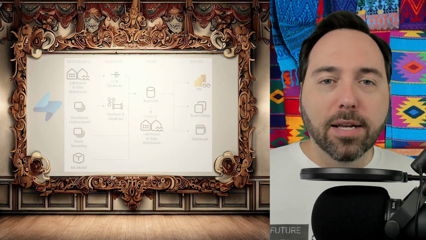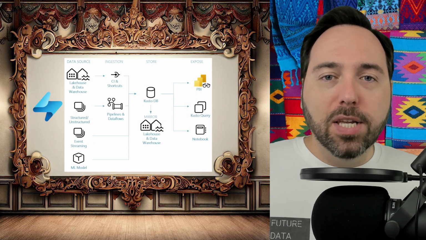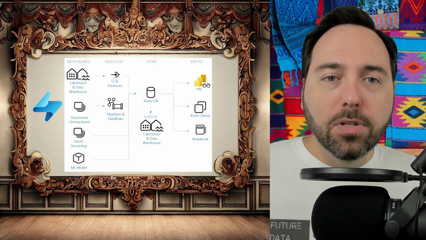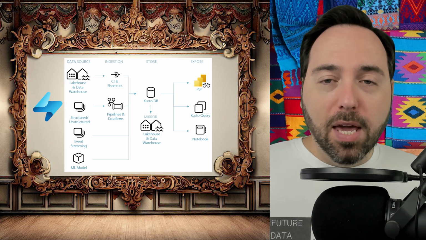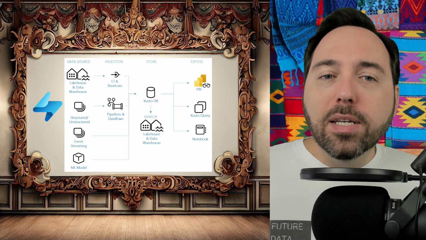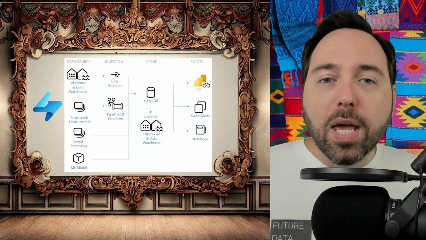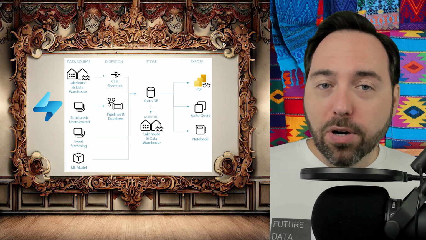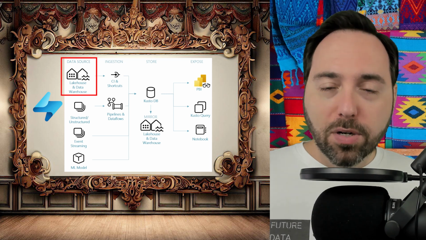The last scenario I want to talk about is real-time analytics. Real-time analytics covers a variety of scenarios, but the short version is that we have events coming in, typically using something like Kafka or Event Hub, and we want to ingest those events. We can bring in ML models and supporting information from lakehouses or datasets.